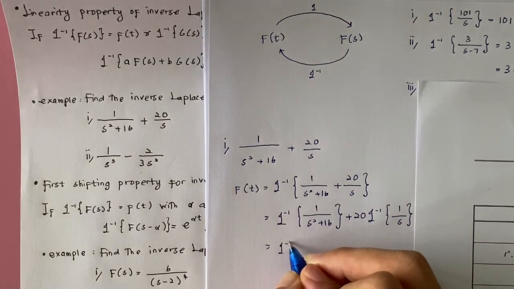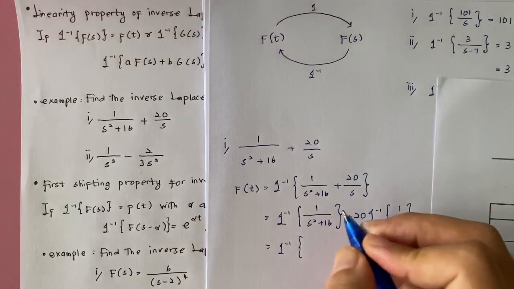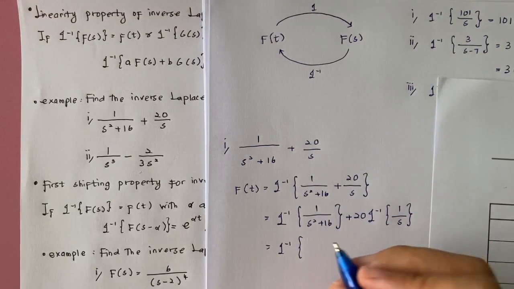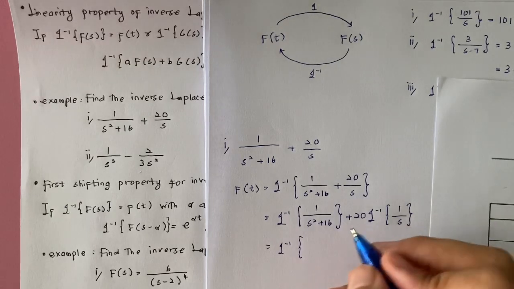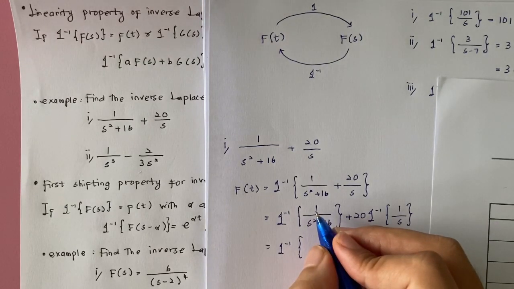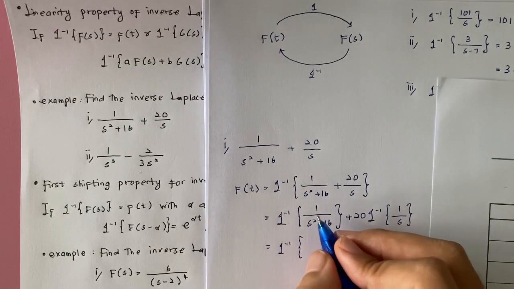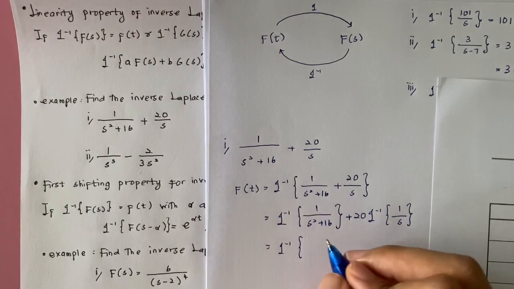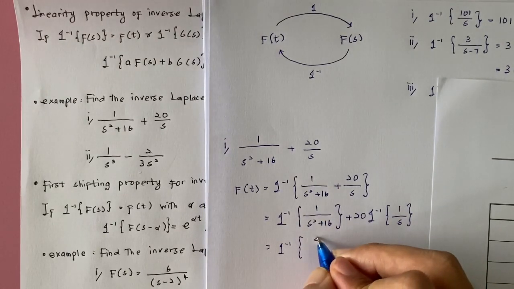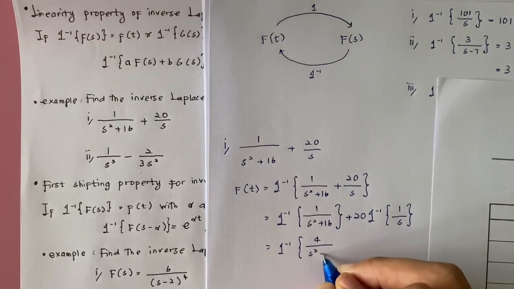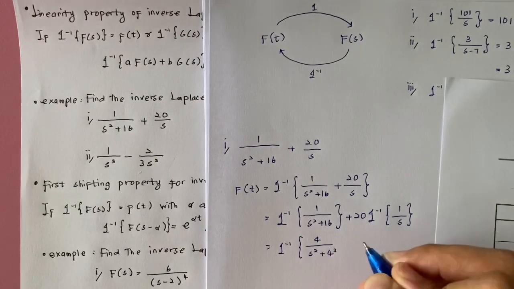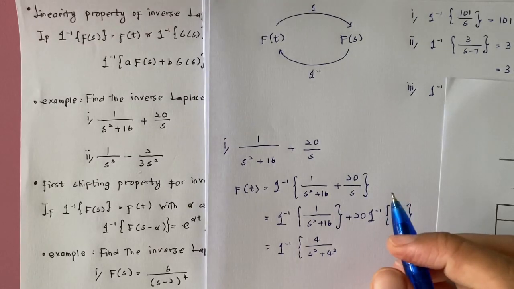You need to modify this F(s). For this one to be in sin at, the numerator should be 4, because this is 4 over s squared plus 4 squared.